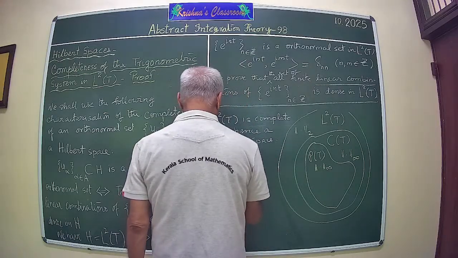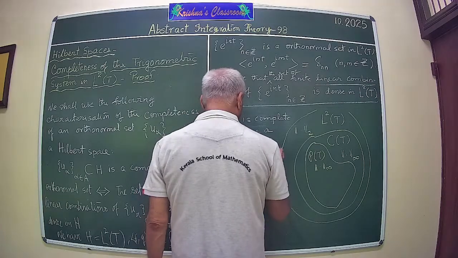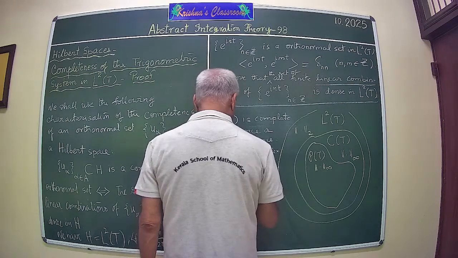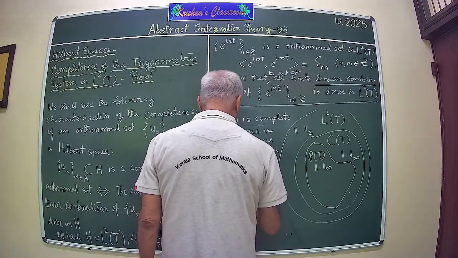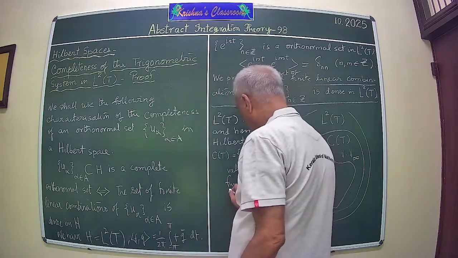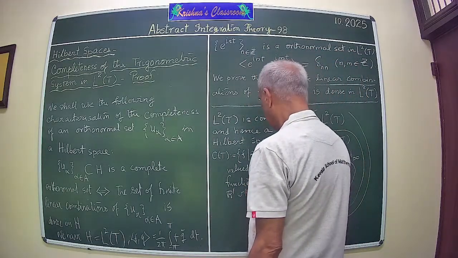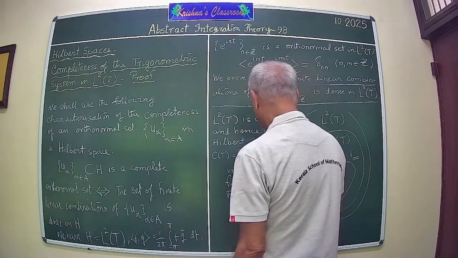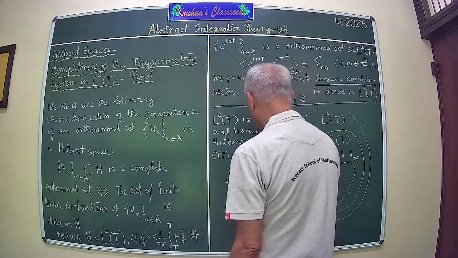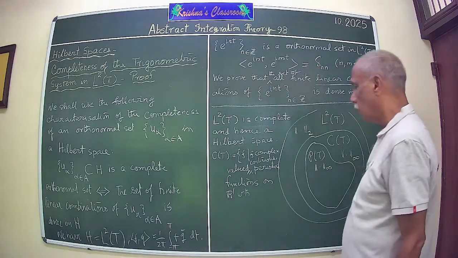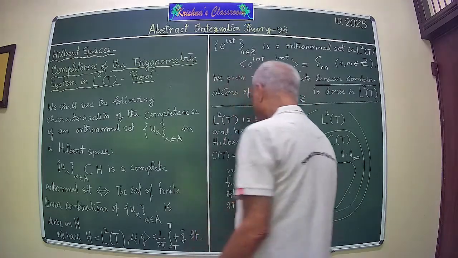Let C(T) stand for the set of complex valued continuous periodic functions on R with period 2 pi.